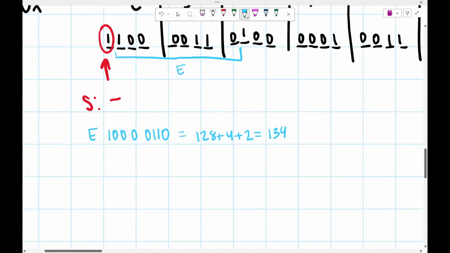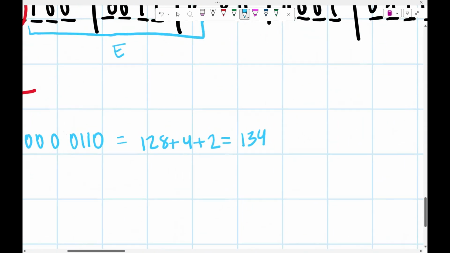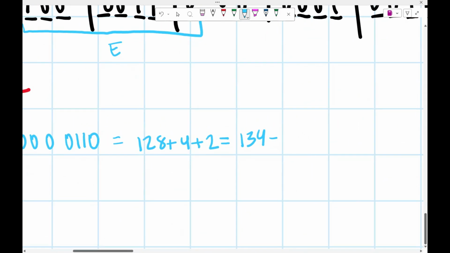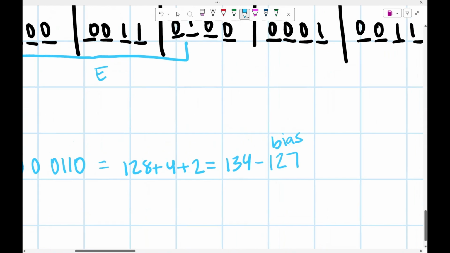And then that's not the number we want, right? We still need to subtract our bias. And that's going to give us 7.